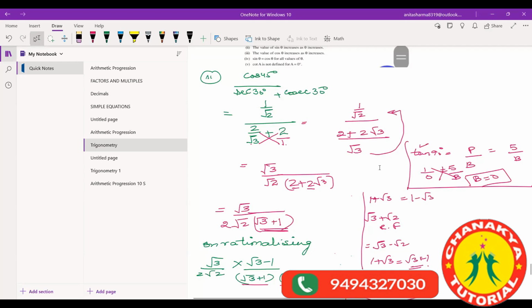Abhinav, increase your speed, beta, of writing. Yes, ma'am. May I scroll down? Abhinav, may I scroll down, beta? Just wait a second, ma'am. I'm done. I am almost done. Okay, okay.